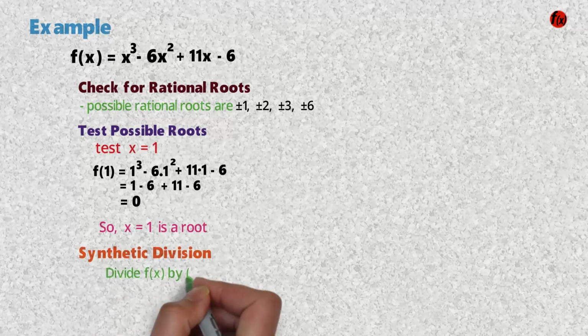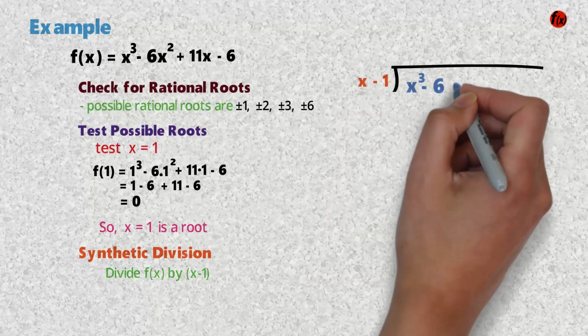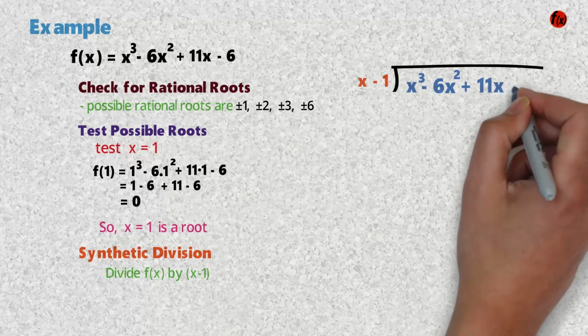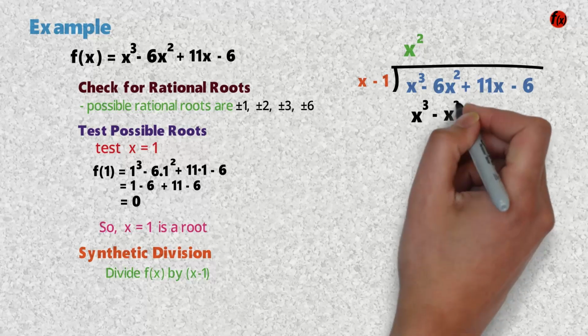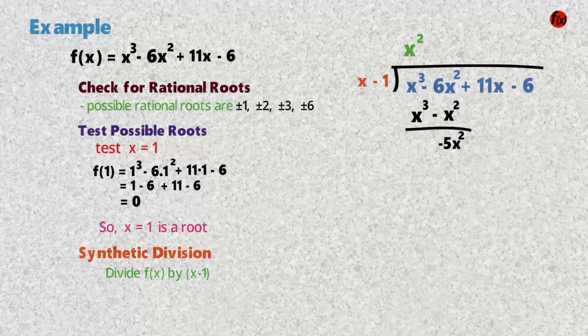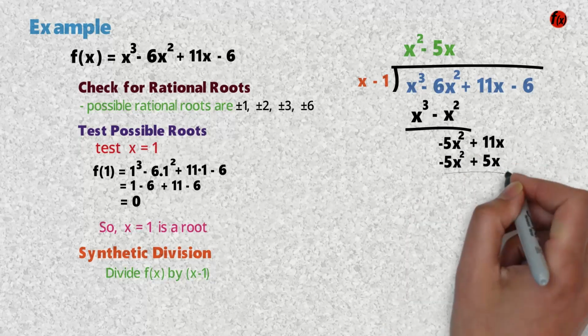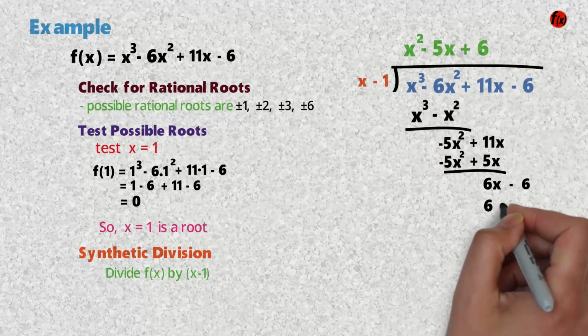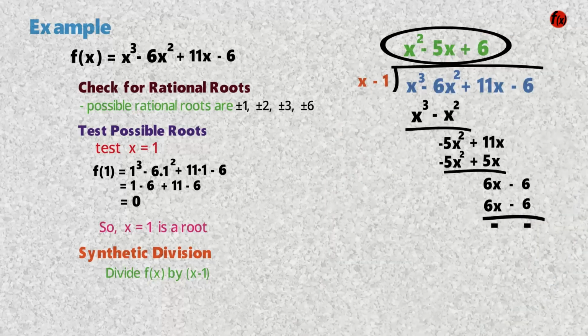Divide f of x by x minus 1. The quotient is x squared minus 5x plus 6.